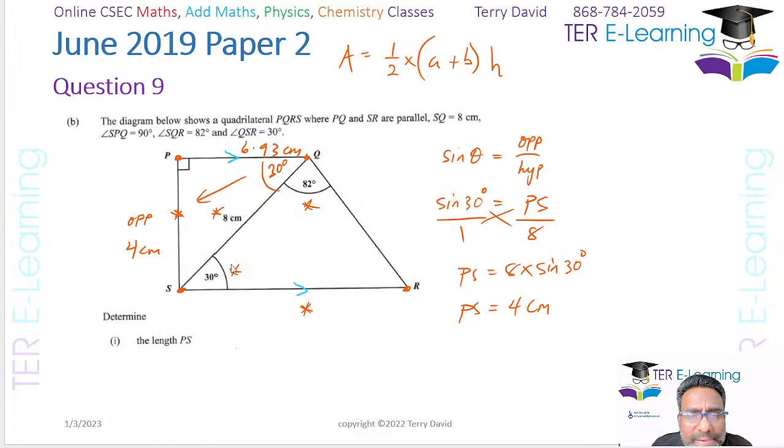Well, we need to figure out this angle here in order to use the sine rule. So that's going to be 180 minus 82 plus 30. So this angle here is 68 degrees. So it's going to be 8 divided by sine 68.